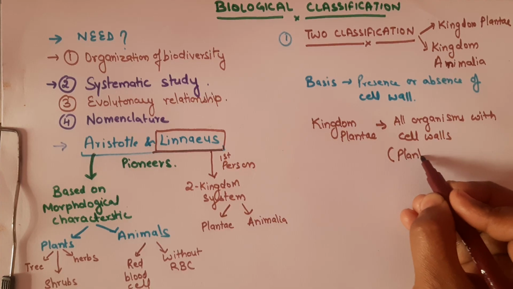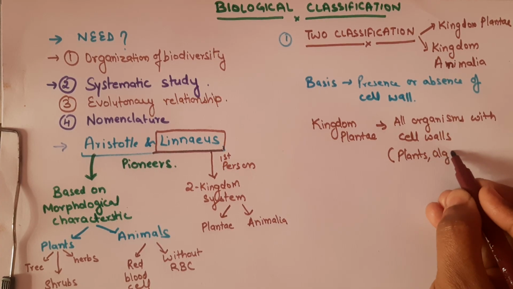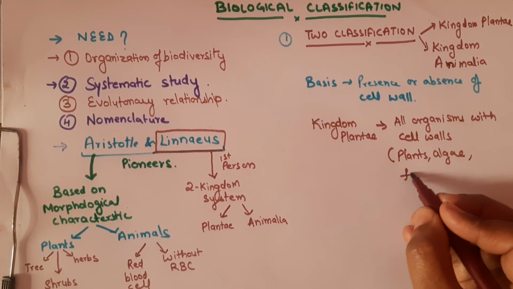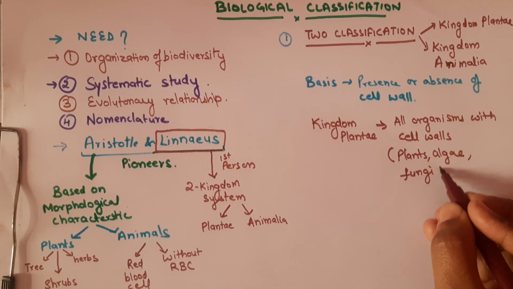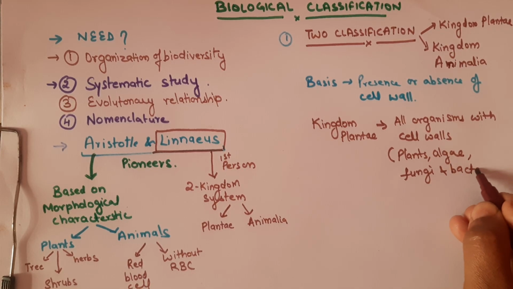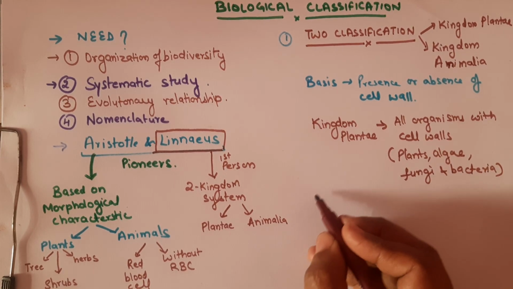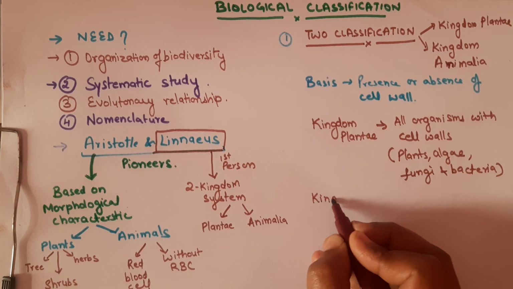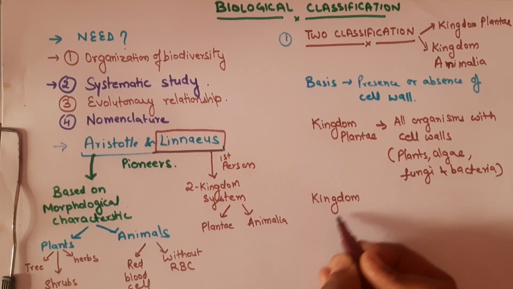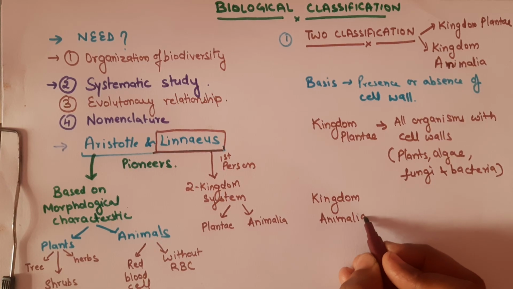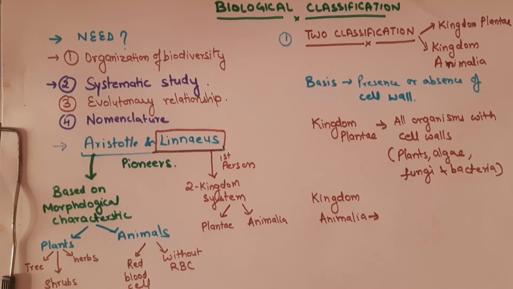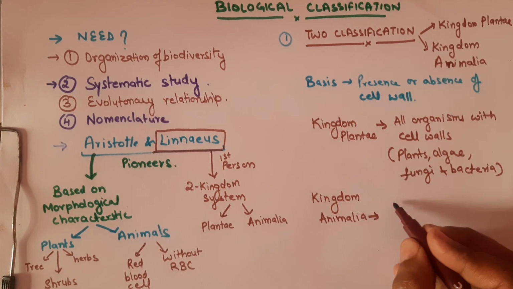Plants, algae, fungi and bacteria. And in the kingdom Animalia he included all the organisms lacking cell wall.